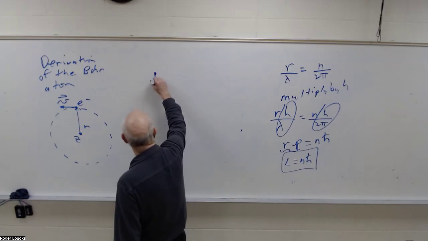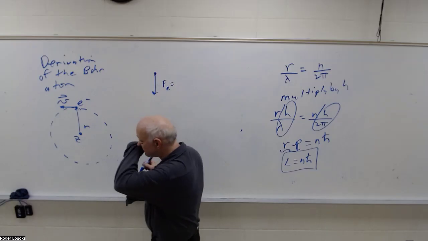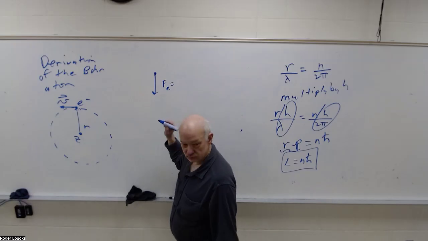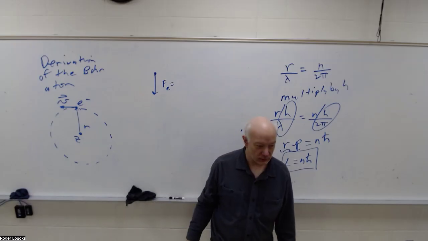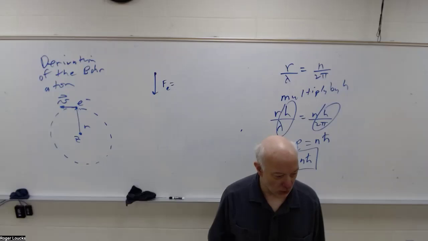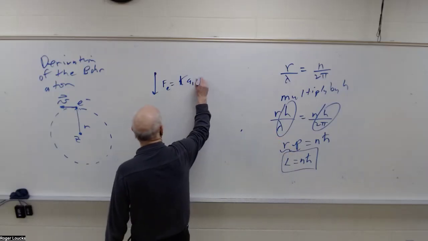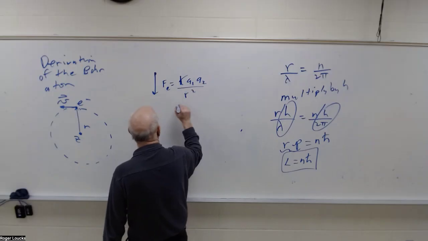Yes, this force right here is your electric force. And what is that given by? For those of you who had me in 126, it's k q1 q2 over r squared.